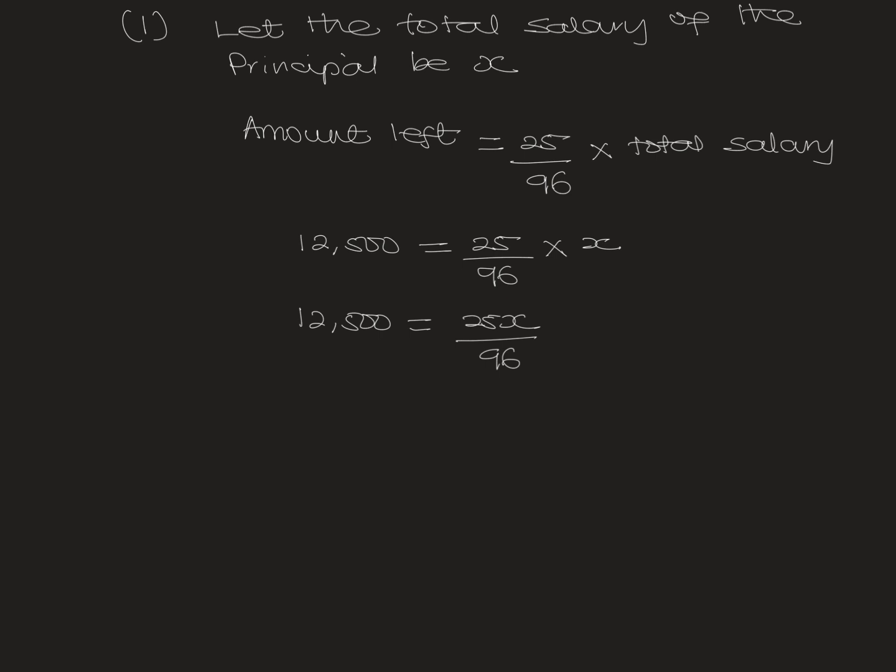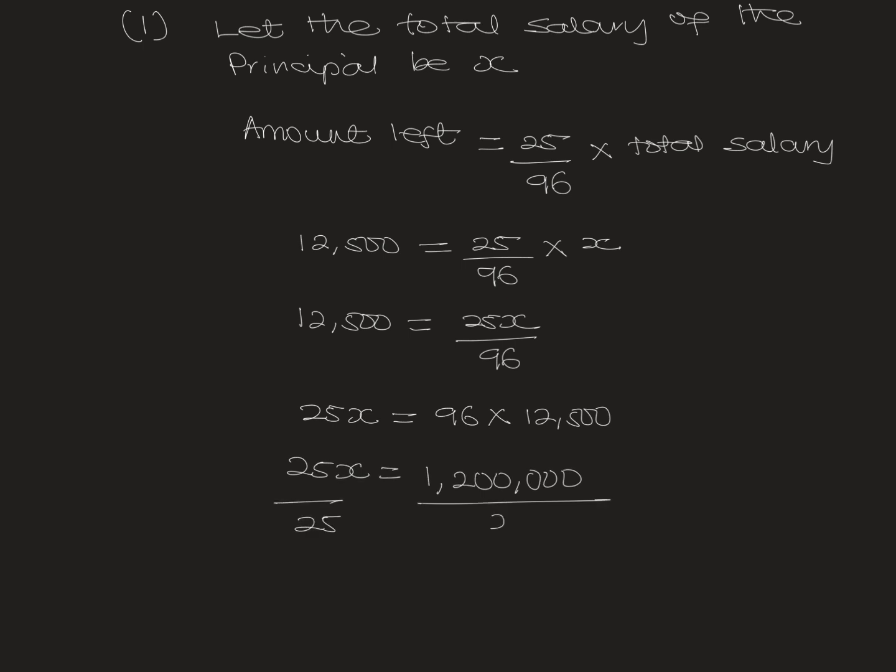So when we cross multiply, we'll have 25X is equal to 96 times 12,500. 25X is equal to 96 times 12,500 is 1,200,000. So to find X, I will divide both sides by 25. So X will be 48,000. So it means this is the total salary of the principal.